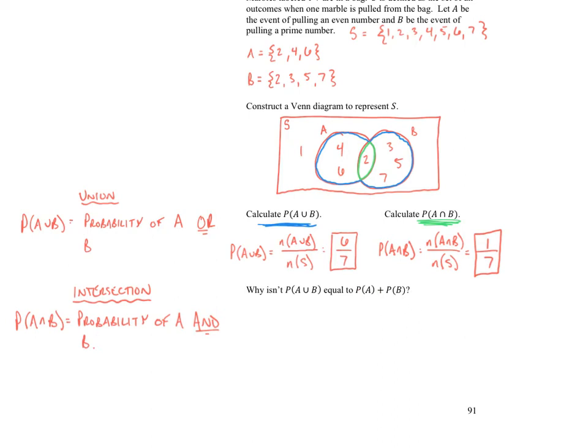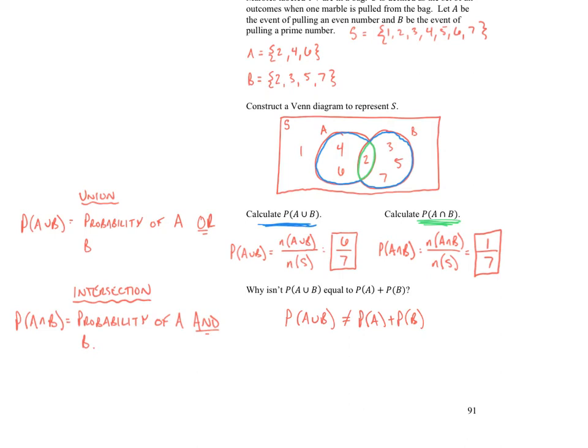What we're saying here is that the probability of A union B will not equal the probability of A plus the probability of B. Or to put this into words, why isn't choosing something that's in one or the other the same as taking all the things in one and adding it to all the things in the other? Why doesn't that equal out?